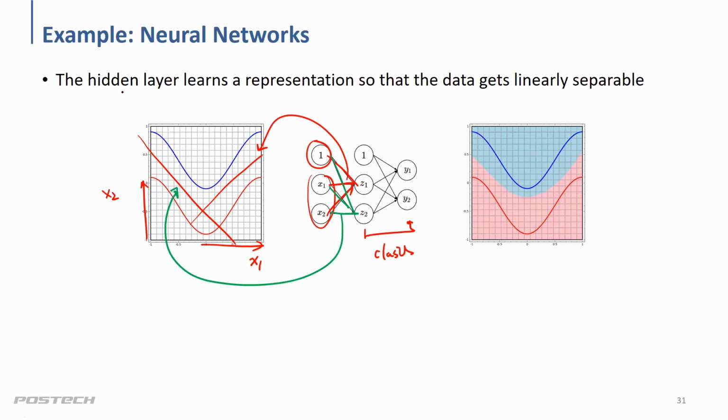That's one way of looking at the neural net. Another way is to think of the hidden layers as learning a representation, so the data gets linearly separable, and probably this will be the output.